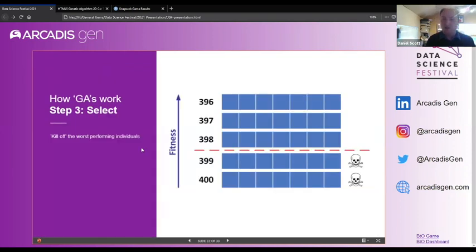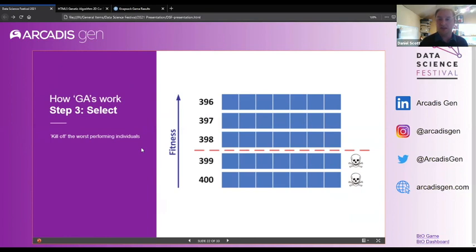Next, we need to cut off at some arbitrary point the lowest scoring individuals, and remove them from the gene pool. This seems a bit harsh and needs to be thought about really carefully when you're configuring your genetic algorithm. How many individuals should you remove from the population each generation?